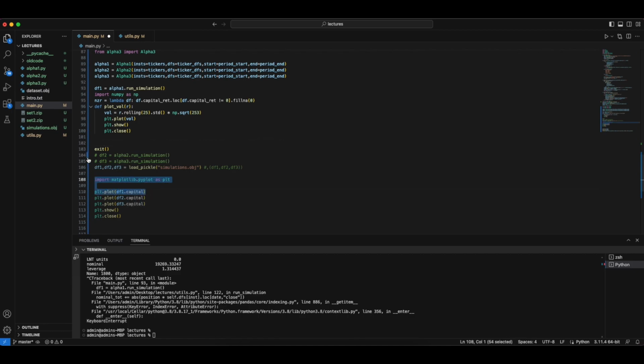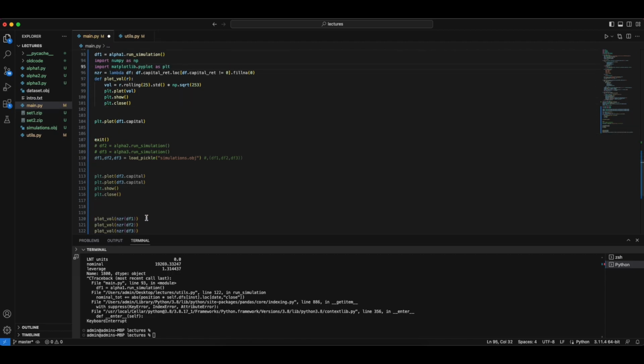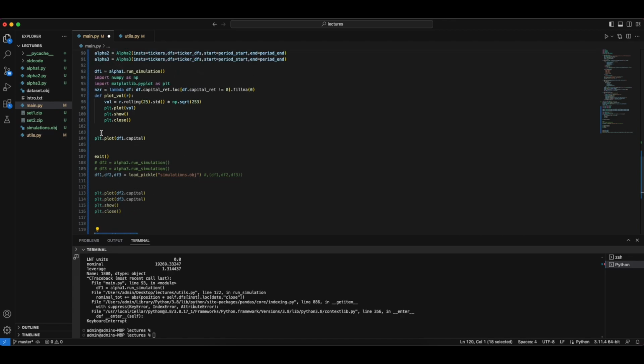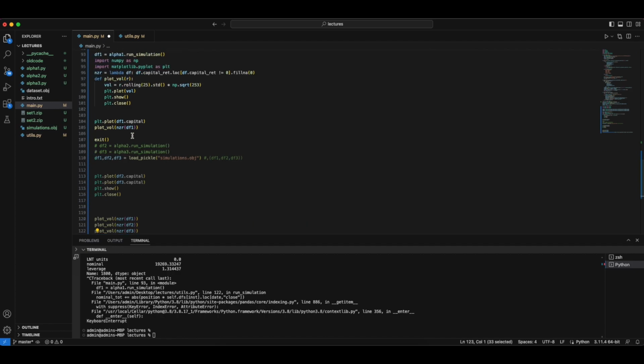Okay, so let's try this. And the return, and we will do this as well as this. Right. So hopefully we hit our target volatility.